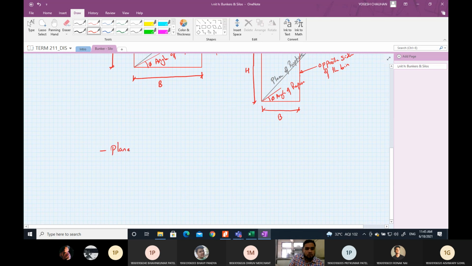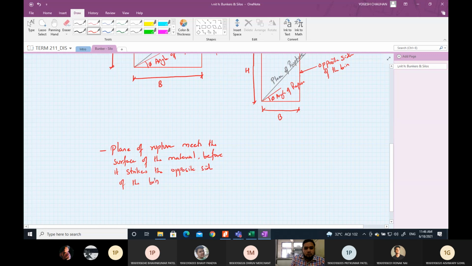So here, in case of bunker, the plane of rupture meets the surface of the material before it strikes the opposite side of the bin. Clear?